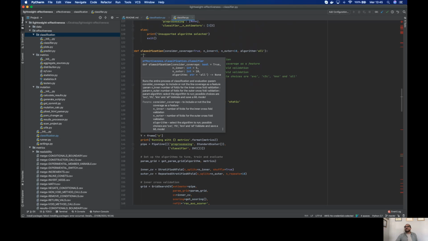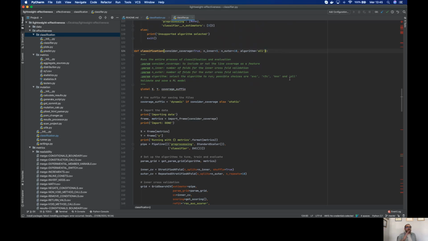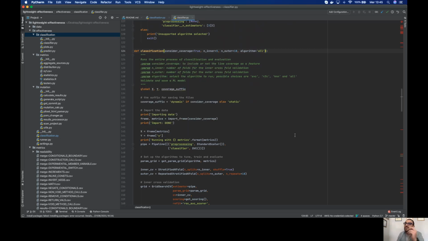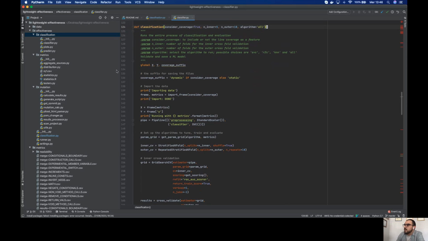Particularly interesting is the classification method, which is the method that actually implements the pipeline that we were discussing. So the preprocessing of data, the classifier selection and configuration, and the actual prediction and evaluation.